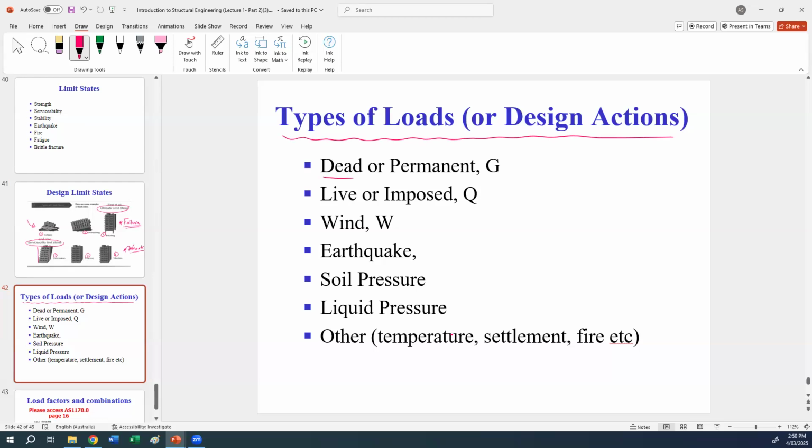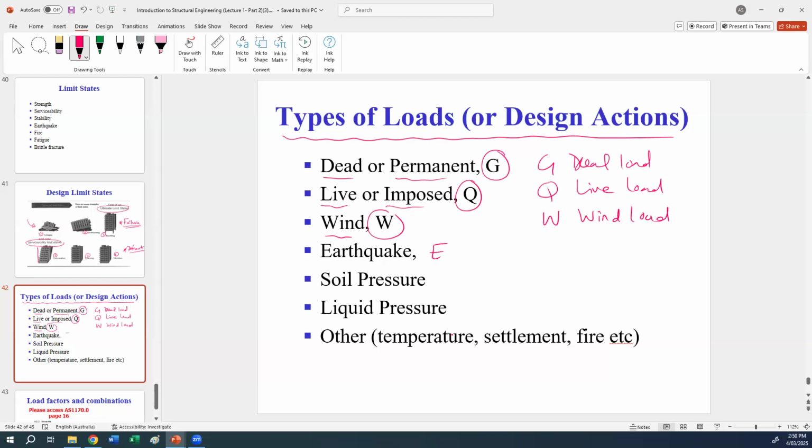Dead load or permanent load has the symbol G. Live load or superimposed load is Q. So G for dead load, Q for live load, and W for wind load.